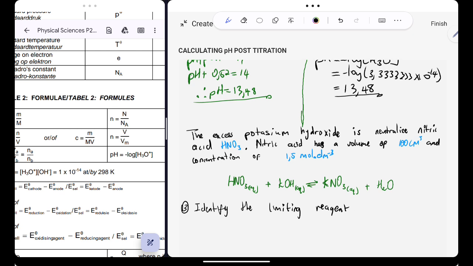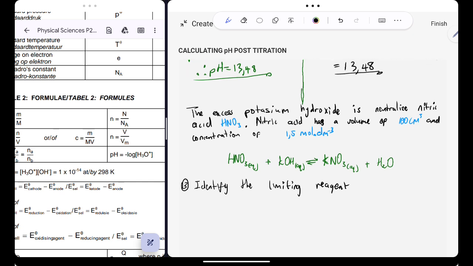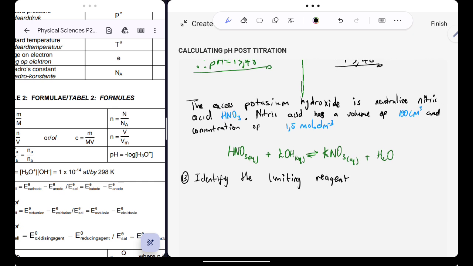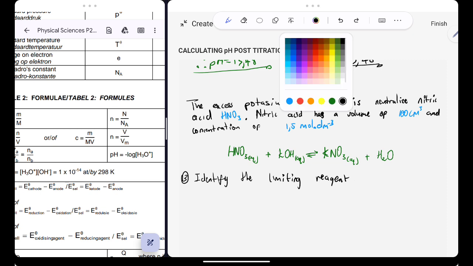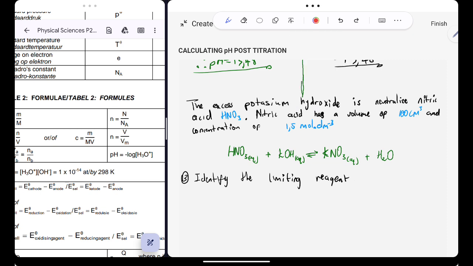First question, we are supposed to identify the limiting reagent between the two. Between the two, which one is the limiting reagent? I can simply calculate the number of moles of my acid, the nitric acid, HNO3, right?